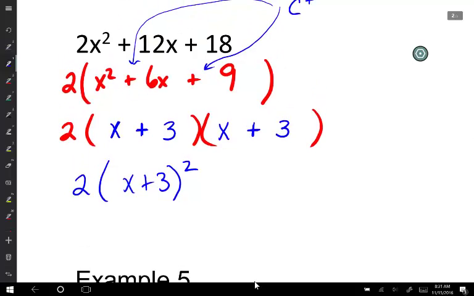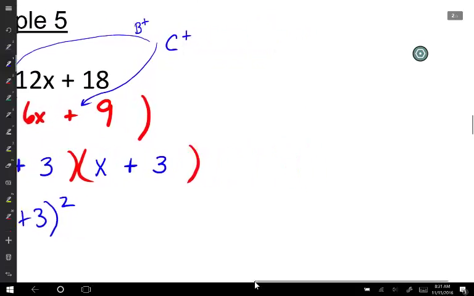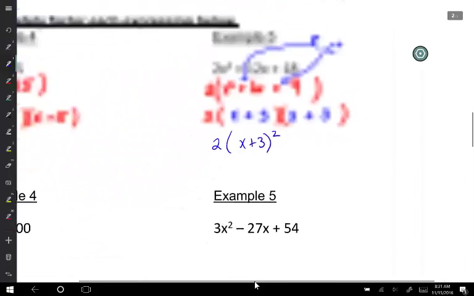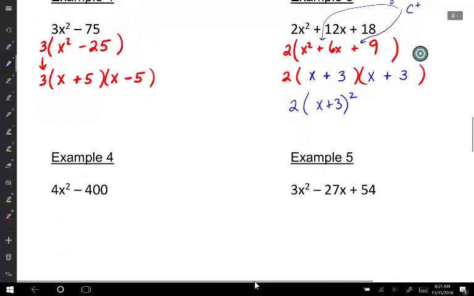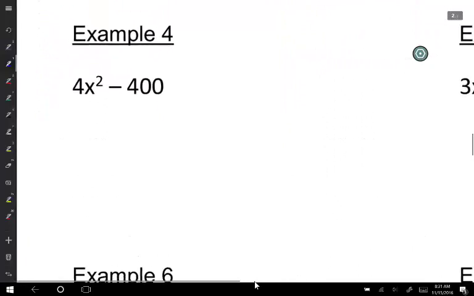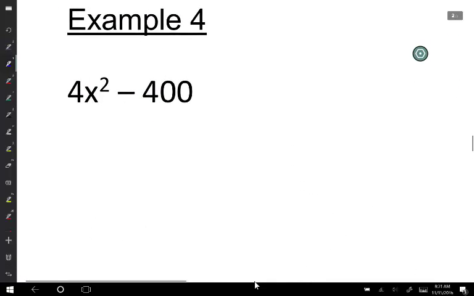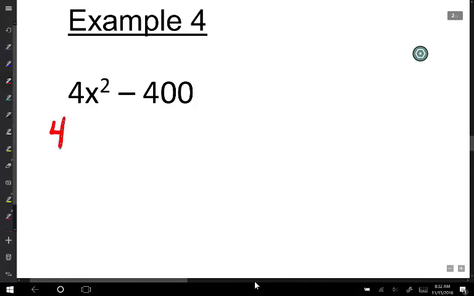All right, let's slide down to example 6. Talk to me. Thoughts? Where can we start? Divide by 4. So let's take out that GCF, everybody. Nice job, Abby. Okay, somebody else.